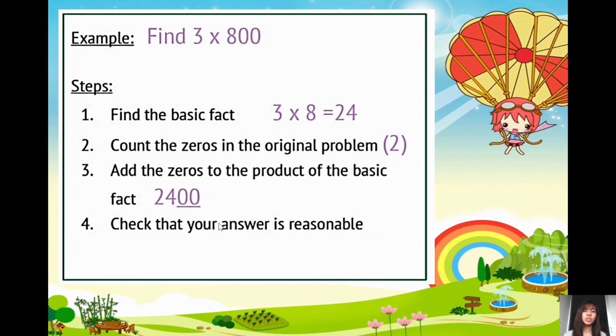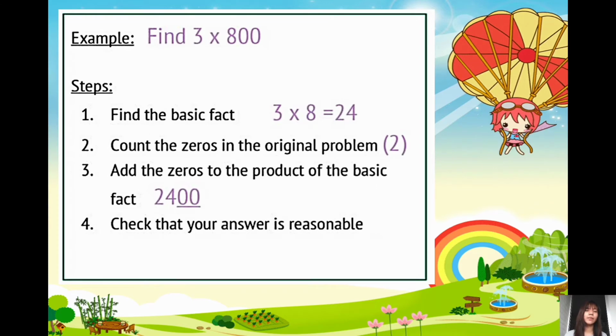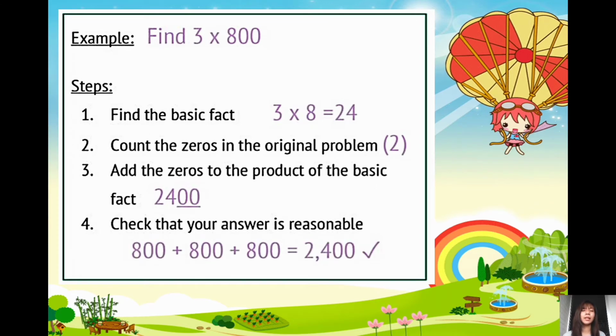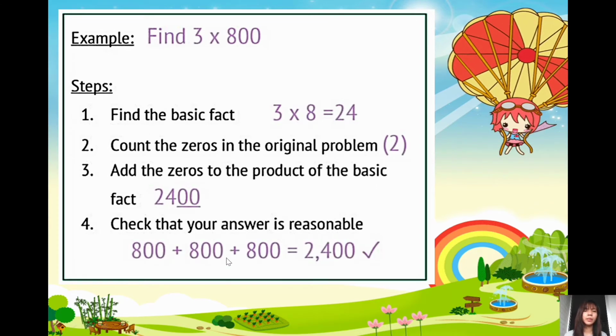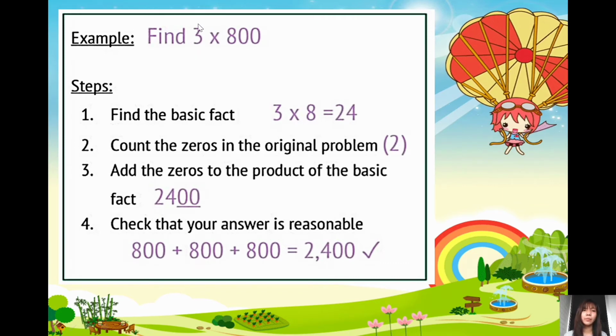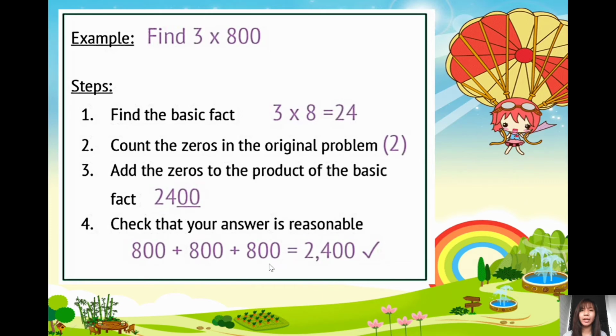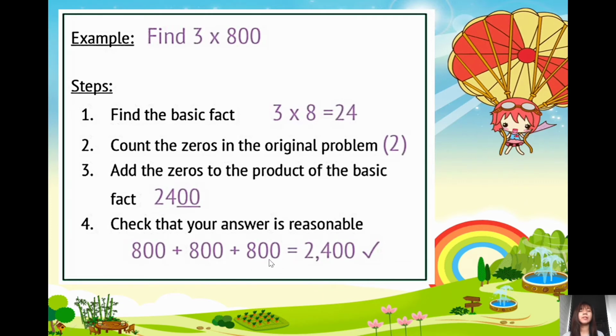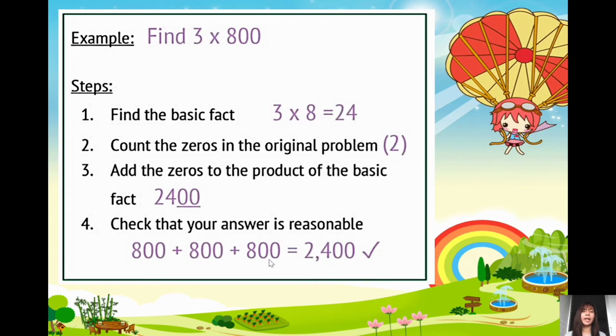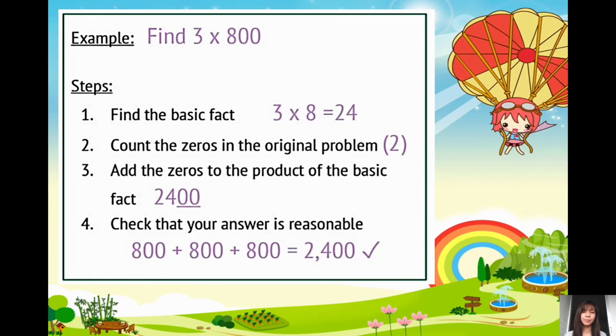So check that your answer is reasonable. Because we have 3 groups of 800, which means we add 800 three times, we have 2,400.